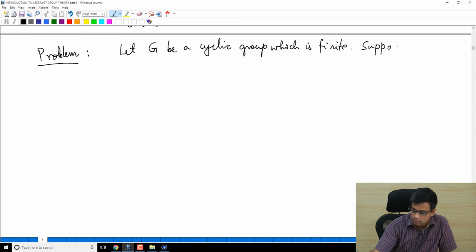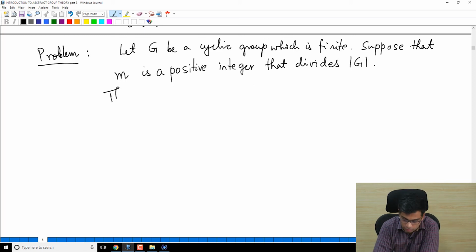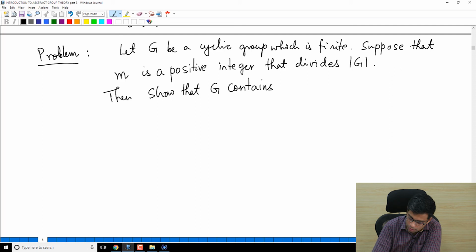Suppose that M is a positive integer that divides the order of G. Then show that G contains an element of order M. So that is the problem.